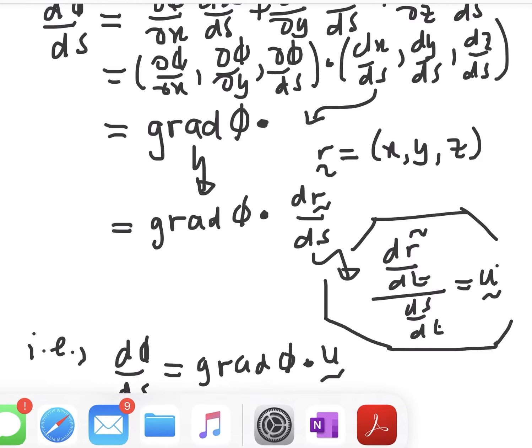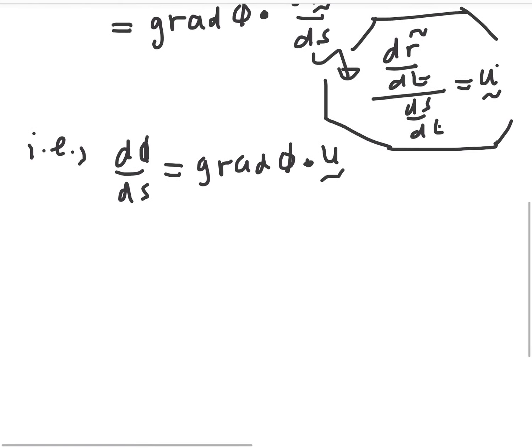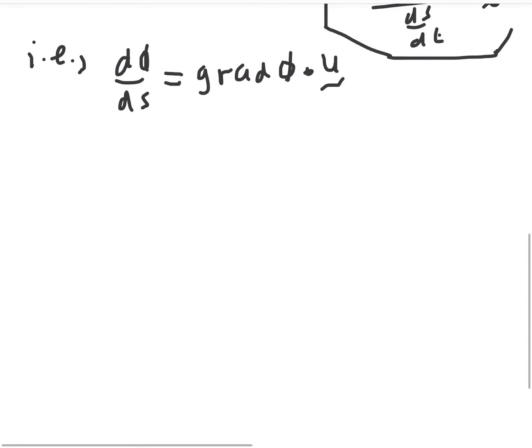We use this to define what we mean by the directional derivative of phi in the direction of the unit vector u.